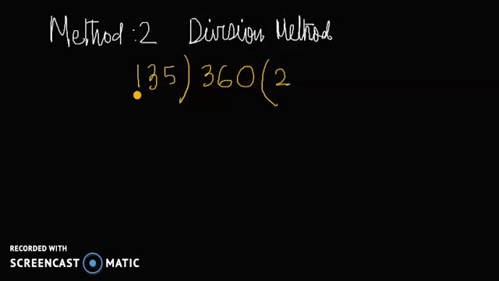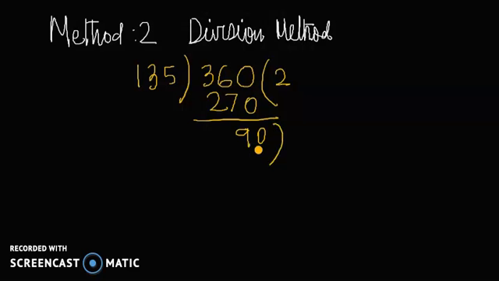But when we take 135 times 3, it will be 405. So it is more than this. So we will take 270. 270 and 360, if you subtract, you will get 90.